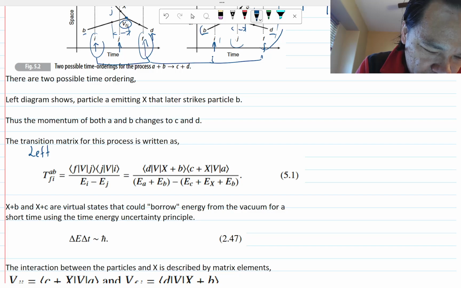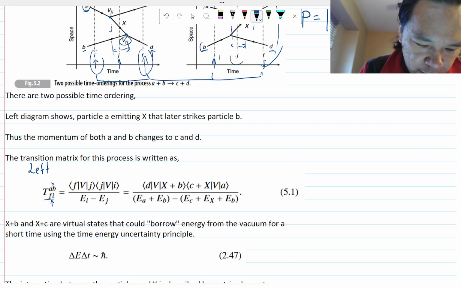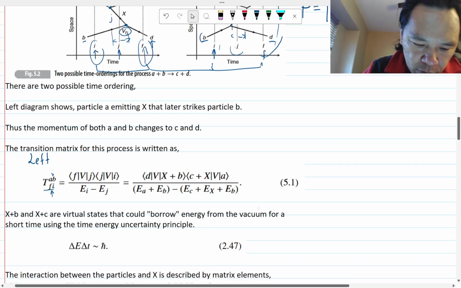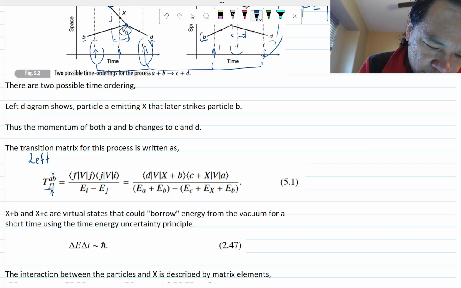The transition of A and B, both of these particles, from some initial to some final state, is this bracket where you have some initial state and some final state at the end, but then there's some intermediate state here, which is denoted by this J.